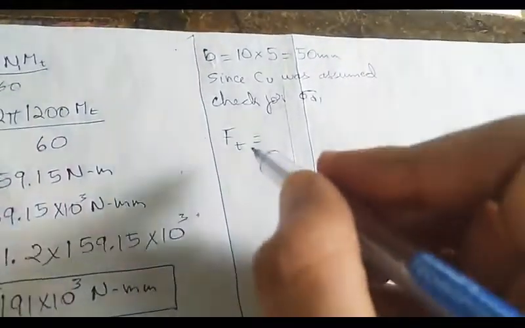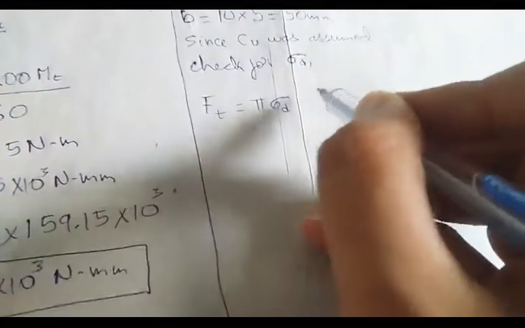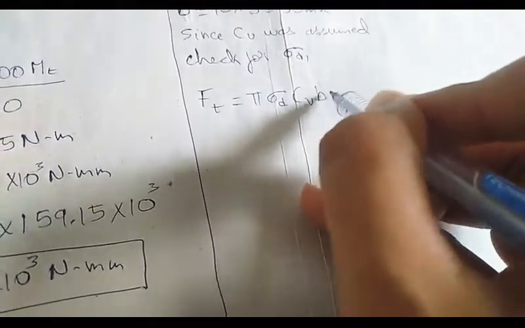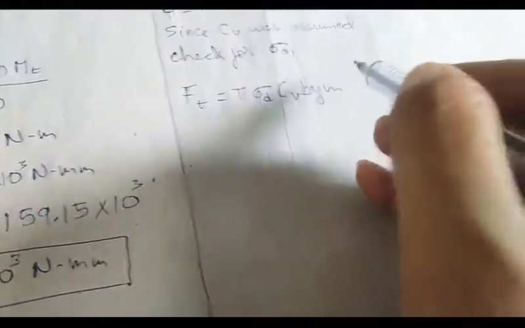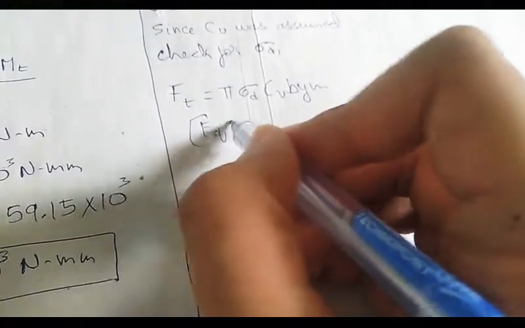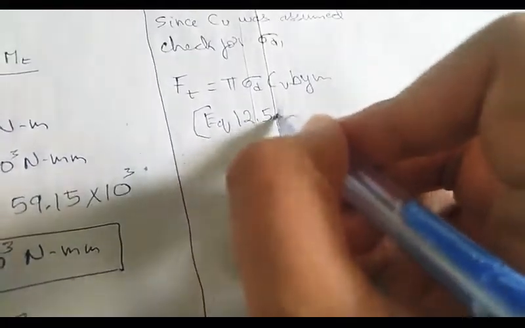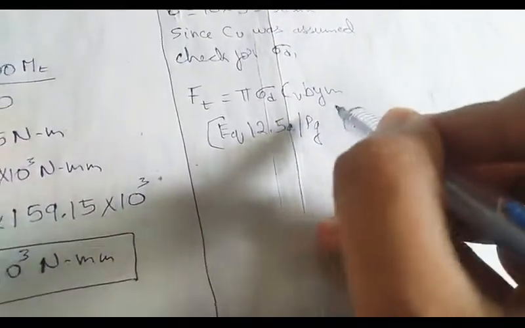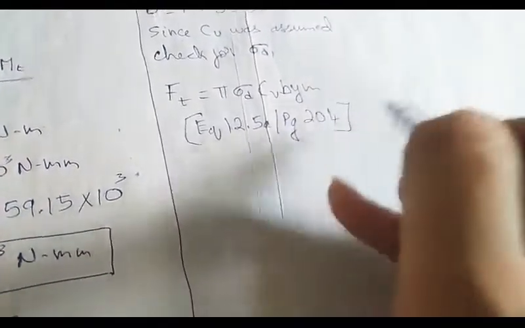FT is equal to pi sigma d CV by m. This is from equation 12.5a, page number 204.